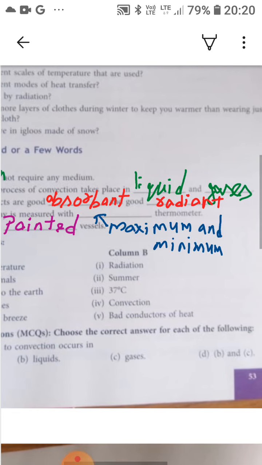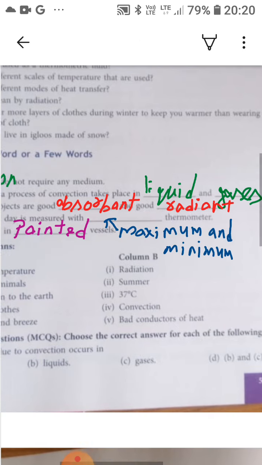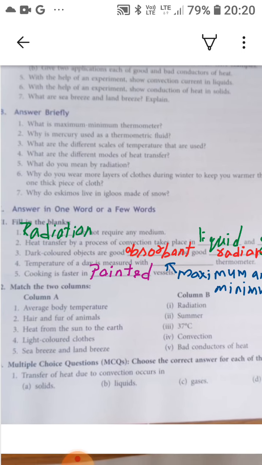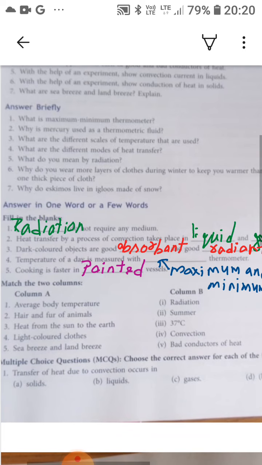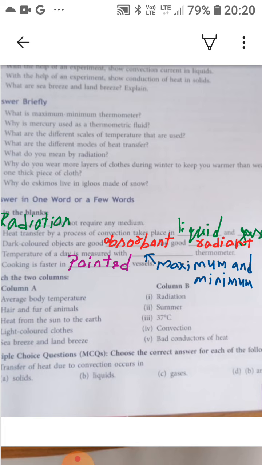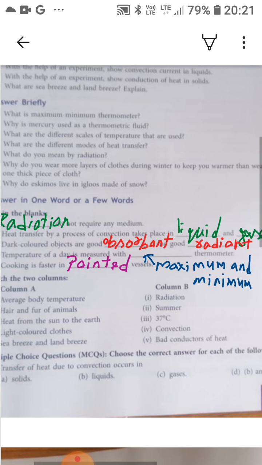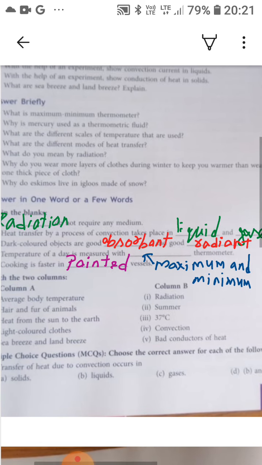and gases in the second empty place, that is gases. Now in third, dark colored objects are good, so here you have to fill absorbent, and radiant.